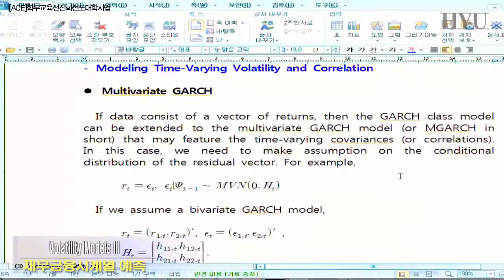So now we'll move to the multivariate extension of this simple GARCH or other type of model. But before we move to the multivariate framework, any questions? Probably we'll cover up to this volatility model, and that's usually the coverage of the midterm.